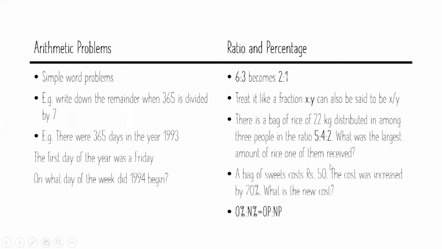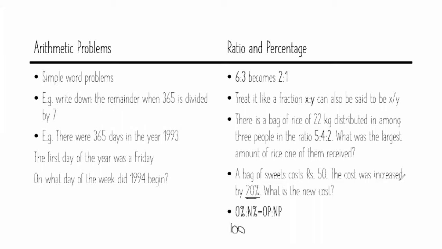A bag of sweets costs rupees 50. The cost was increased by 20%. What is the new cost? We can use a very simple formula for this. Old percentage is to new percentage equals old value is to new value. What was my old percentage? My old percentage is always going to be 100. No exceptions. And my new percentage is going to be the one given in the question plus the old percentage.